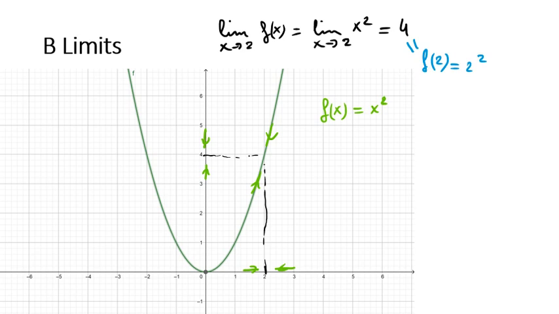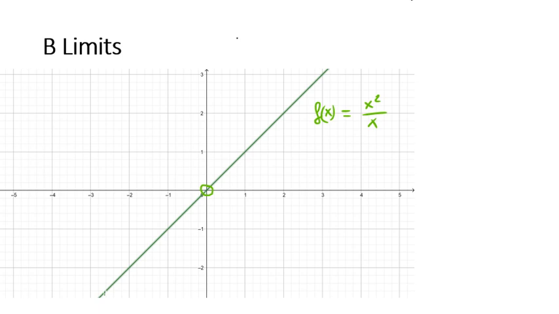In this example, f of x is equal to x squared over x, which is actually a straight line that goes through the origin with gradient 1, but the origin is not included. Let's look at the limit as x approaches 0 of f of x, so actually the limit as x approaches 0 of x squared over x.